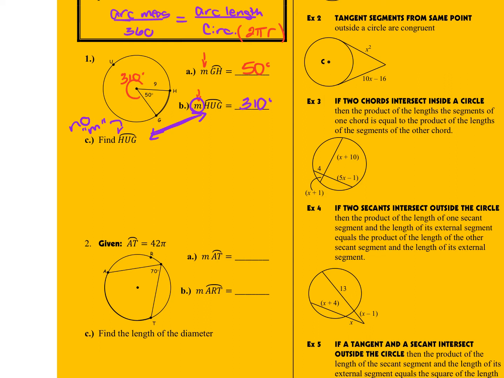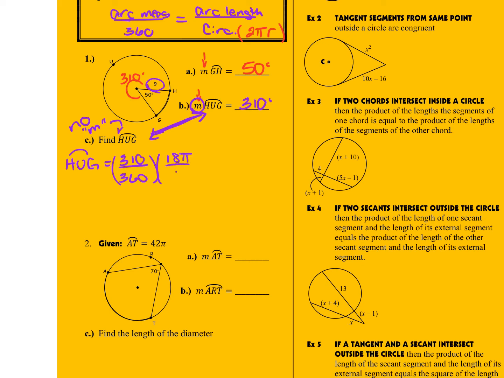The first one that we could do is we could look at our definition, and we could say that HUG, that arc, put your symbol over the top, we're going to look at our portion, 310 out of 360, because this arc has this as its angle, and then we're going to multiply that by the circumference of our circle. So the circumference of our circle, we're going to find that radius of 9, and we're going to fill in our 18 pi.